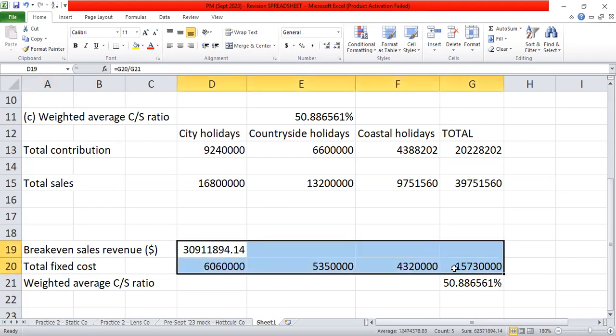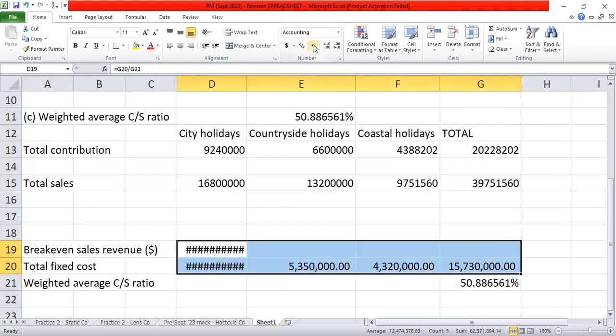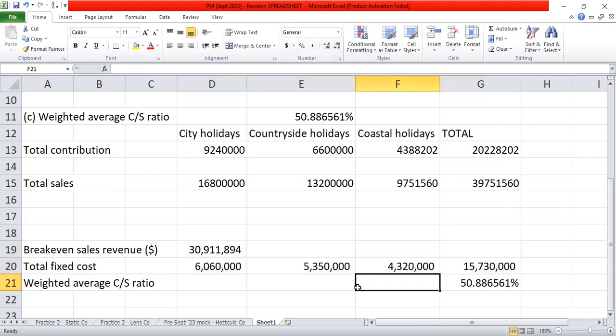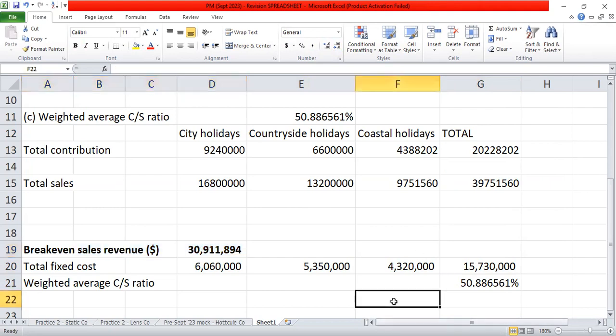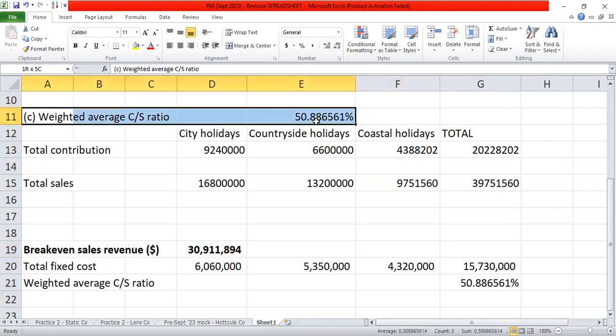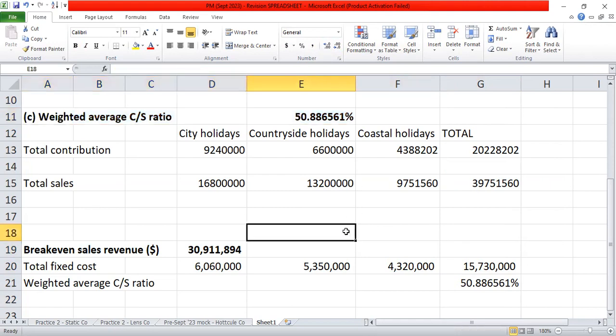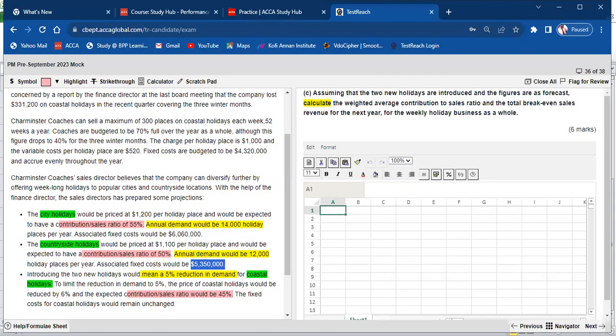Friends, spend a few seconds to format these numbers. You don't get marks for spreadsheet skills like that, but do it. Who knows? You may impress the marker. All right. That is requirement C answered.